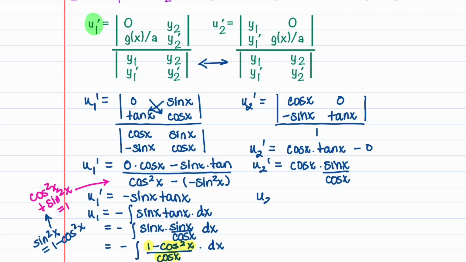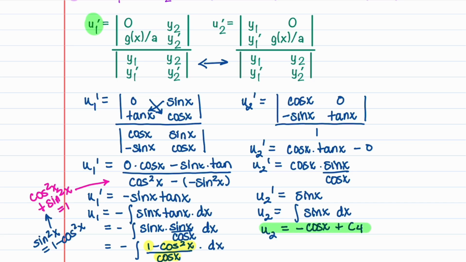We end up then with u2 prime is sine x. So u2 is just the integral of sine x. Much easier than u1. And we end up with minus cosine x, and I'm going to add on a C4.